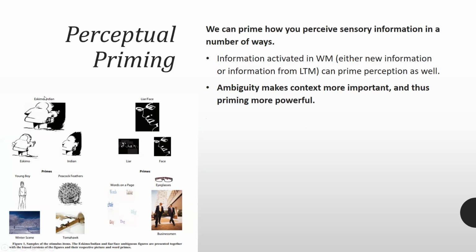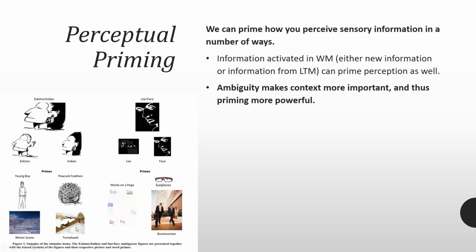So let's say this is the ambiguous picture up here. One group, before they saw this picture, would either be shown a young boy, or perhaps a winter scene, whereas the other group, before they saw the picture, might see peacock feathers or a tomahawk.